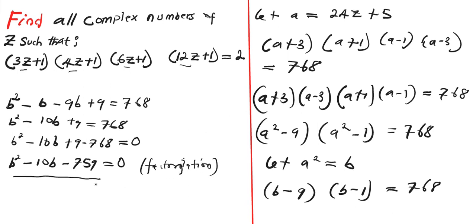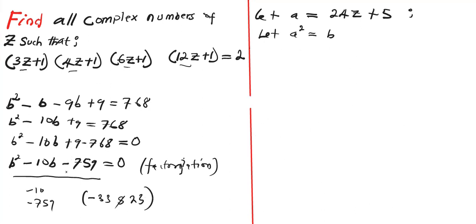What we need is two numbers that when we add, we get negative 10, and when we multiply, we get negative 759. The two factors are negative 33 and positive 23. Let's continue on this part of the board.